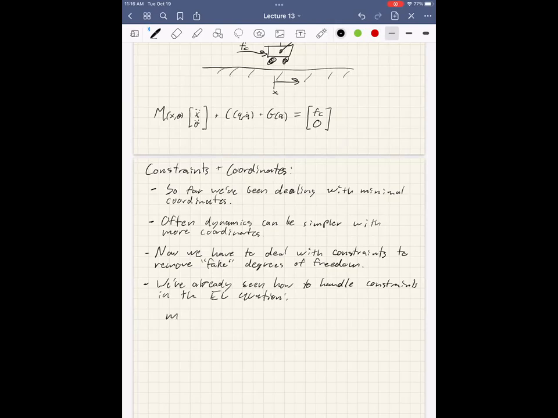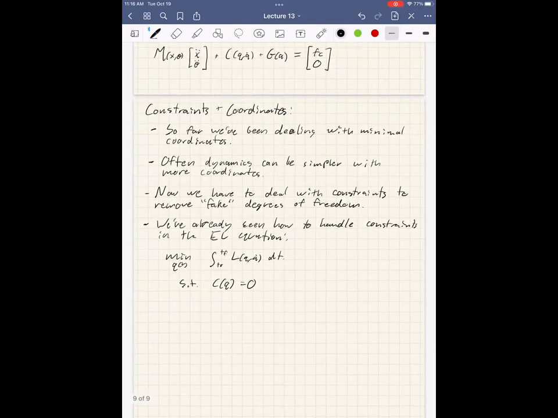We had, say, min with respect to q of the standard thing, subject to some constraint c of q equals 0. And then what I did was write down the same kind of first order necessary condition with the Lagrangian plus a Lagrange multiplier term. And this whole thing has to equal 0, right?